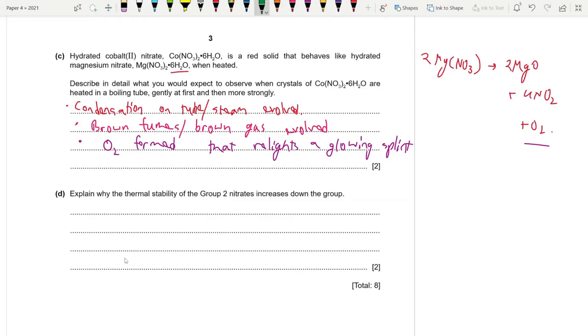It's heated gently at first and then more strongly. So the magnesium oxide, or the cobalt oxide, basically dissolves and turns into a liquid. This is only possible for the oxides at the top of the table. Okay, it wouldn't be possible for barium oxide, for example. It has too high a melting point.